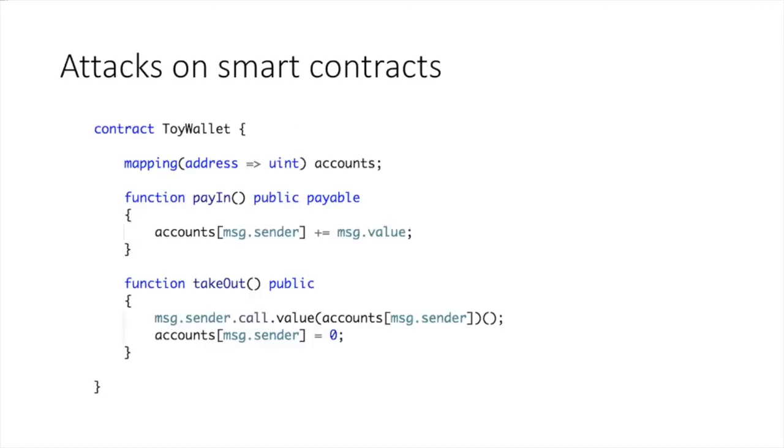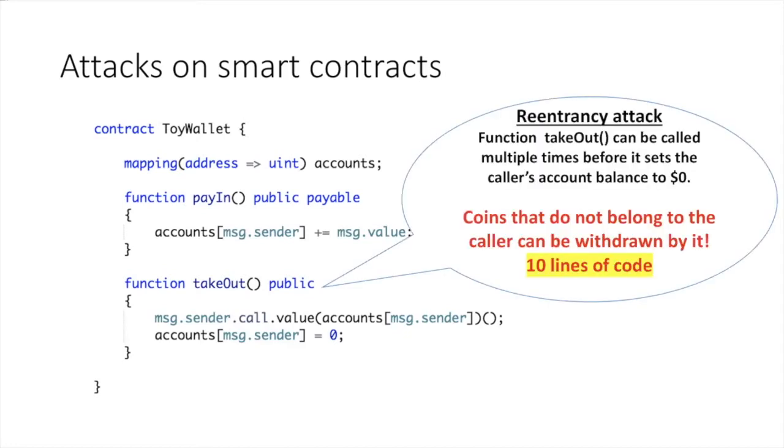And just to give you a brief example of an attack on a smart contract, this is a very small toy version of the wallet contract I just showed, and it seems like a very innocuous contract, but it has in fact quite a damaging bug that would allow someone to deposit basically 1 coin and take out as many as they wanted.